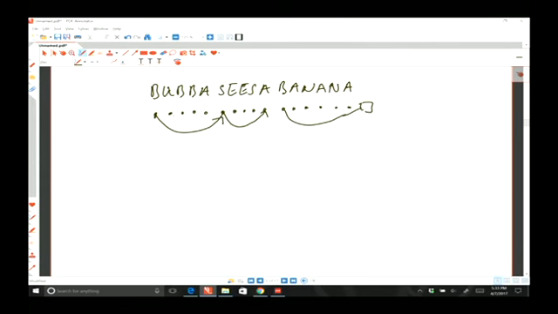From here you can put an edge here because BB is a palindrome, right? And what else can I do, right? I can put an edge here because B is a palindrome. I'll have always these edges, okay? So what is the meaning of this edge? This means that in between is a palindrome, right? If I put an edge from here to here, it means that in between is a palindrome, yeah?